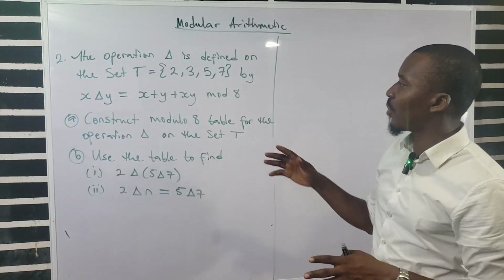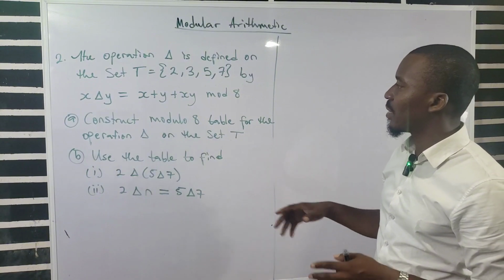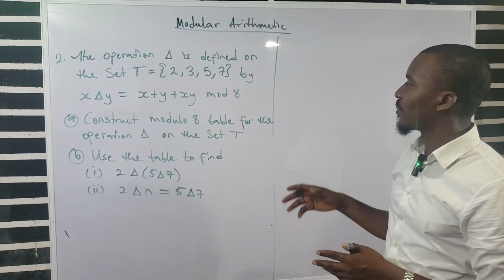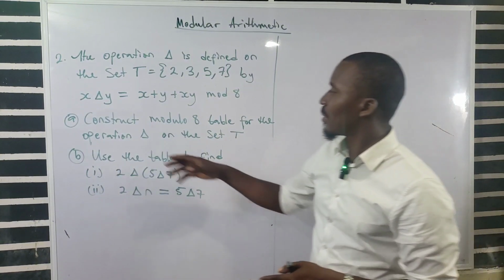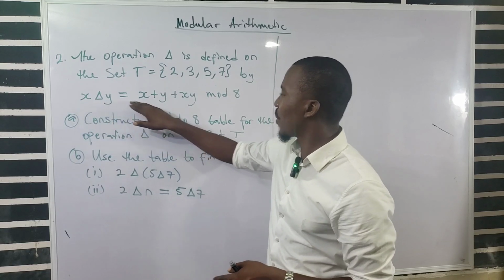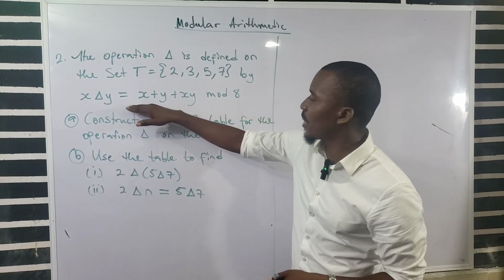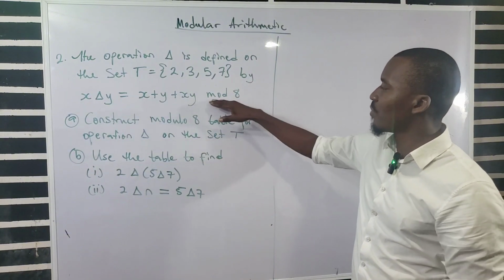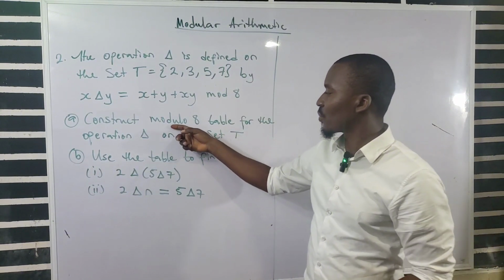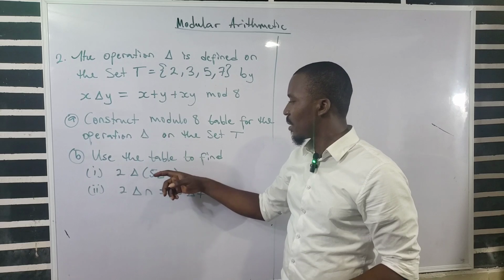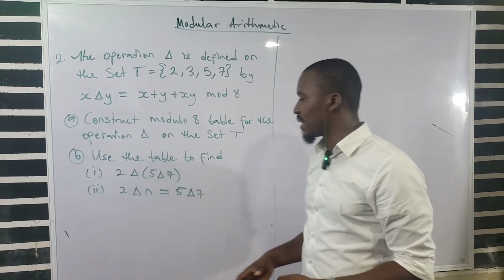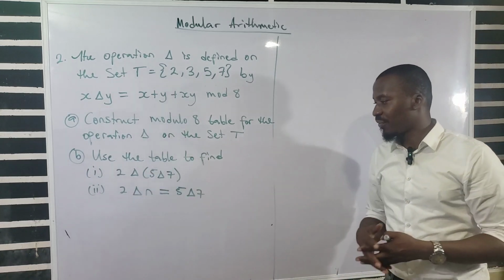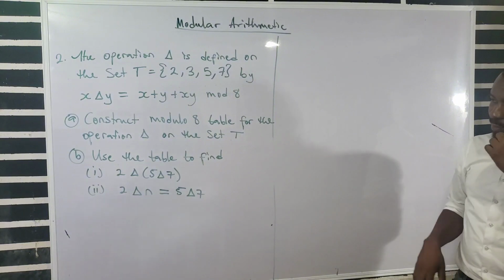Number 2 question: the operation is defined on the set T equals 2, 3, 5, 7 by x binary y equals to, so you have been given the rule of combination to combine your x and your y in modulo 8. They ask you to construct a table for the modular arithmetic, and then use the table to solve some of the problems given below.